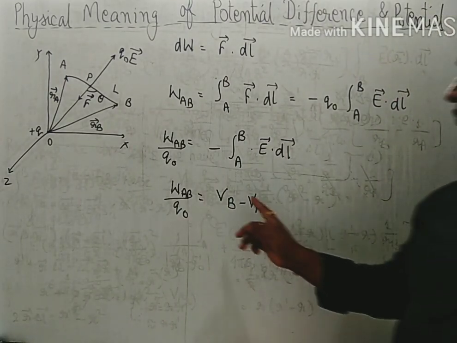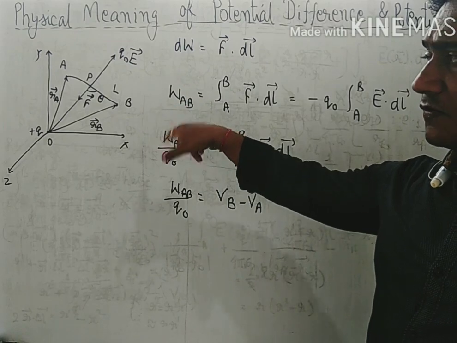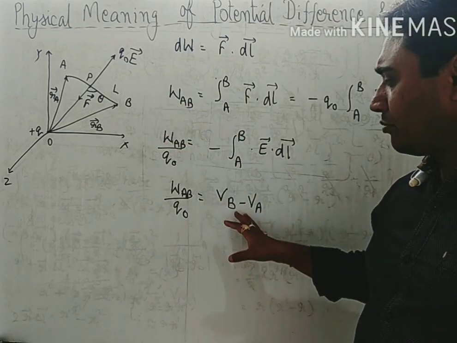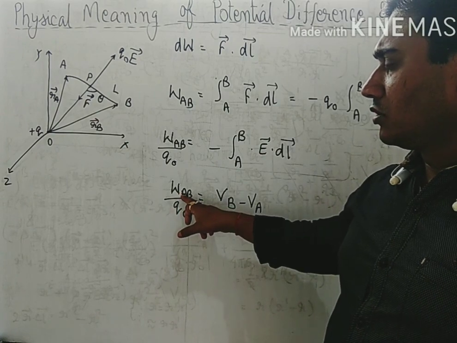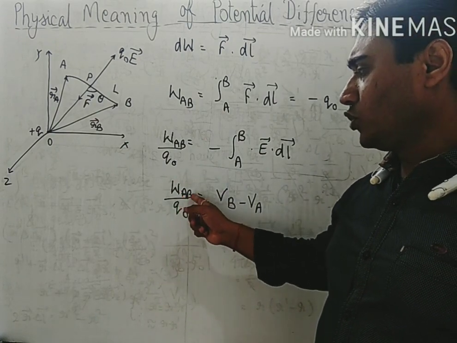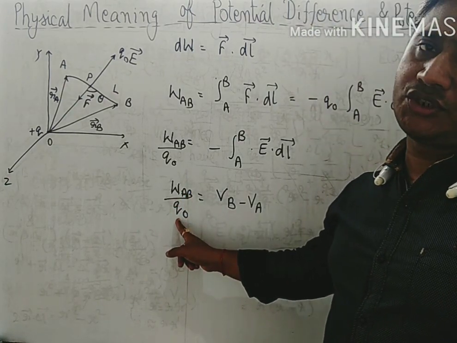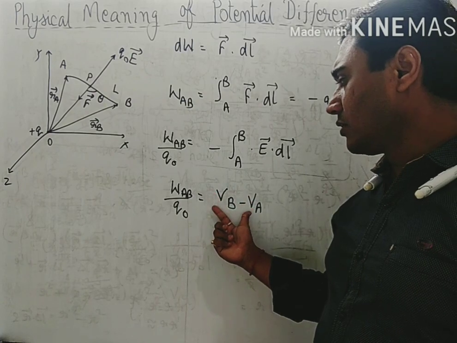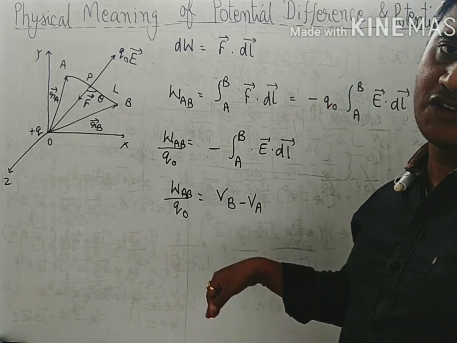So potential difference between 2 points A and B in the electrostatic field can be defined as the amount of work done by the external agent between those 2 points per unit test charge.